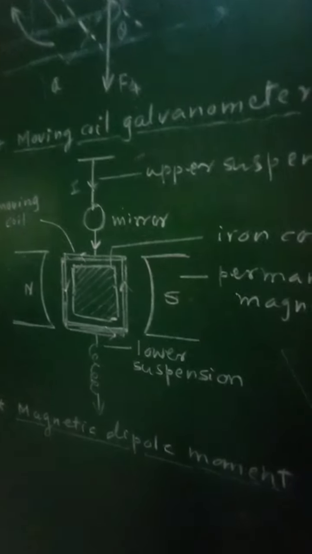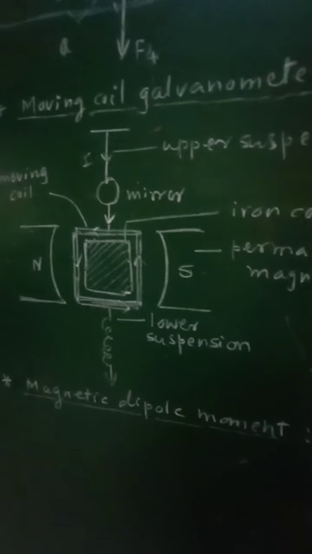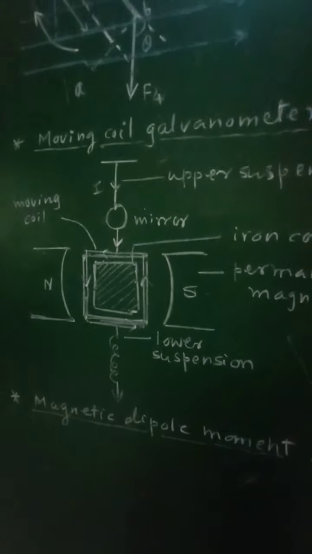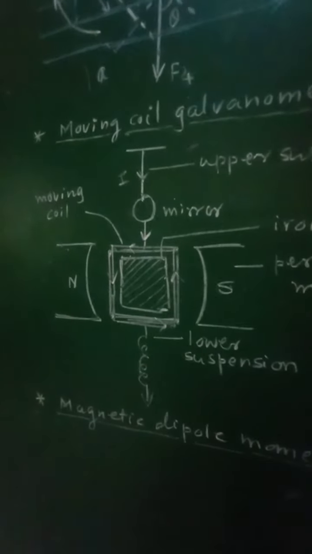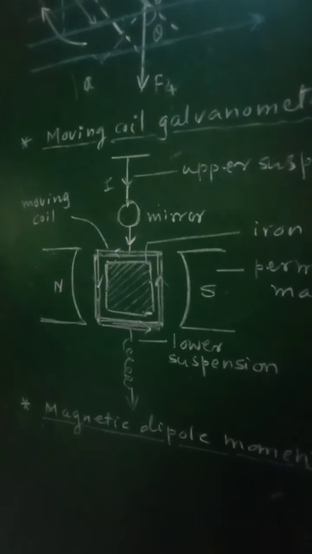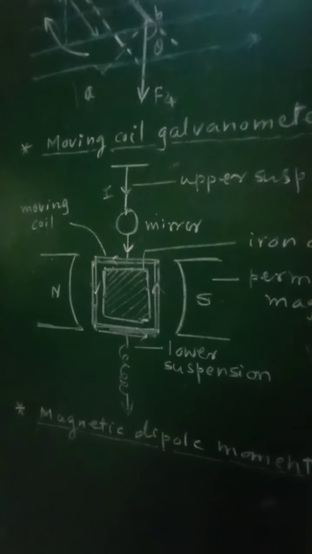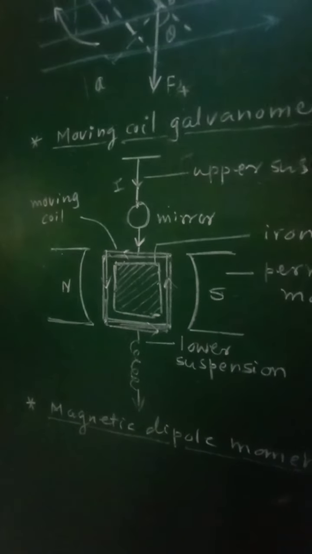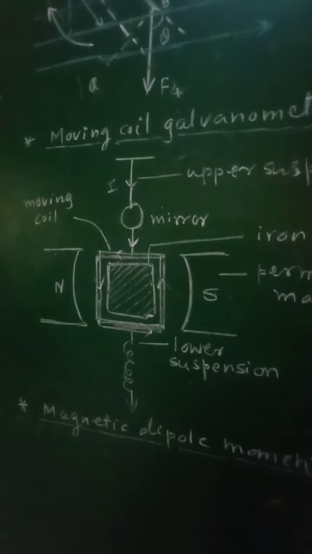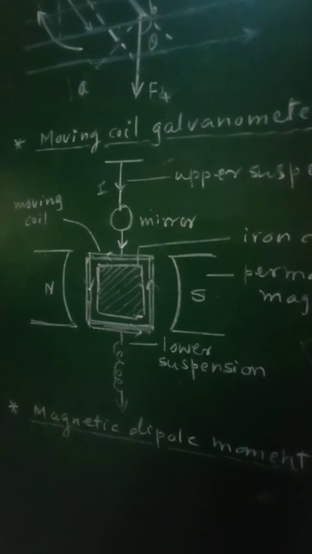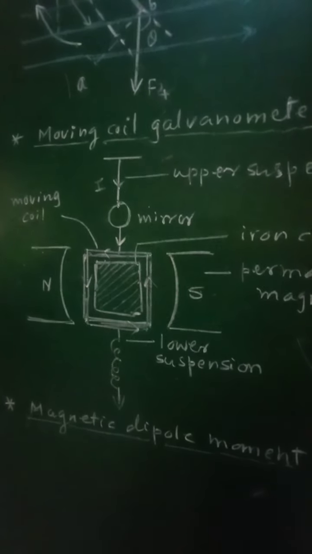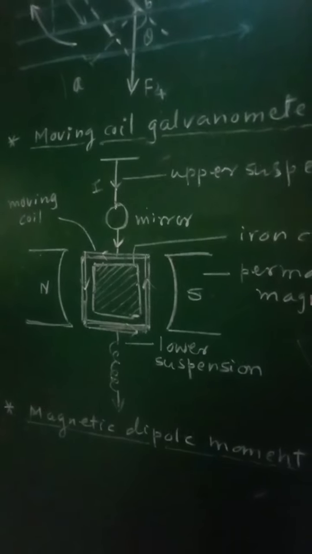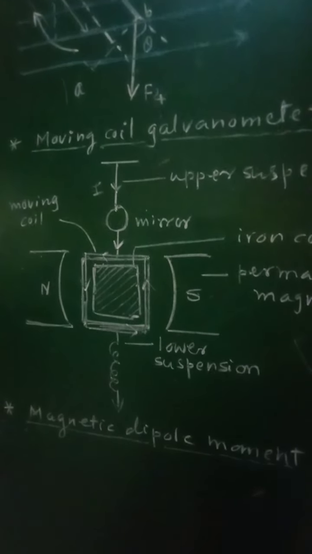Due to the twisting of this suspension fiber, a restoring torque will be produced in the suspension fiber, and therefore the torque is balanced. That is, the torque produced in the coil will be balanced by the torque due to the suspension, such that a steady angular deflection, suppose phi, of the coil is produced.